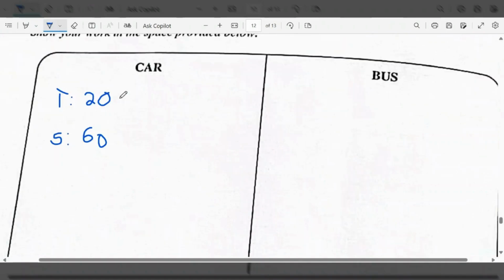So 20 teachers times $200 would be 4,000.